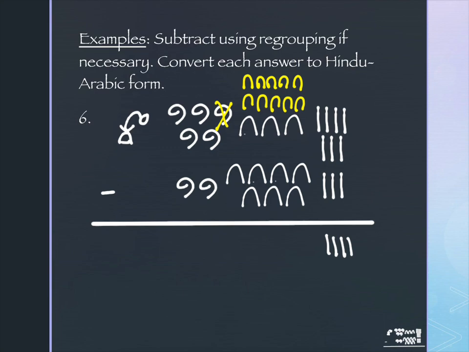So I no longer have 3 heel bones in the top number. I have 13. Now that I have 13, I really can take away 7. How many will I be left with? 6.